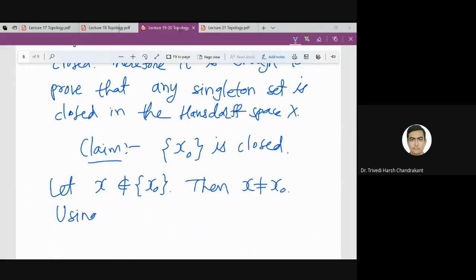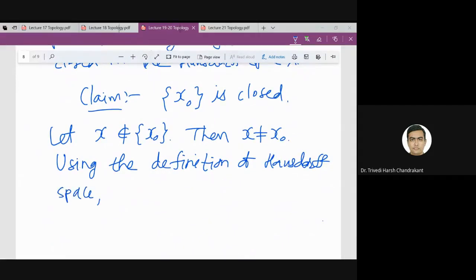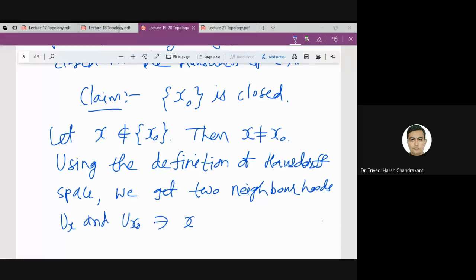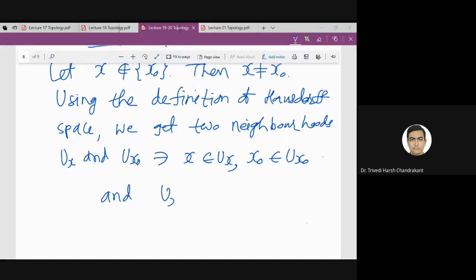So using the definition of Hausdorff space, we will get two neighborhoods Ux and Ux naught, such that x belongs to Ux, x naught is in the open set Ux naught, and these open sets are disjoint. They are the disjoint sets.